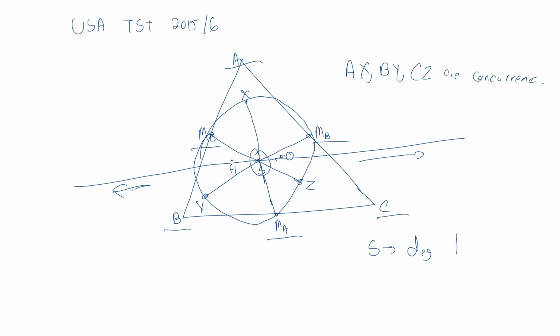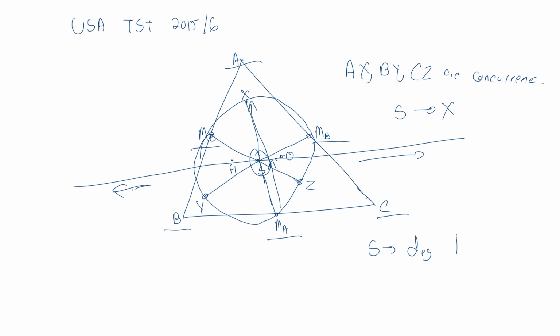And then notice that X is just the result of a perspectivity at MA. I'll introduce that later in the video, but this is just the idea of MA sending S to X, because X is the second intersection of MAS with the 9-point circle.